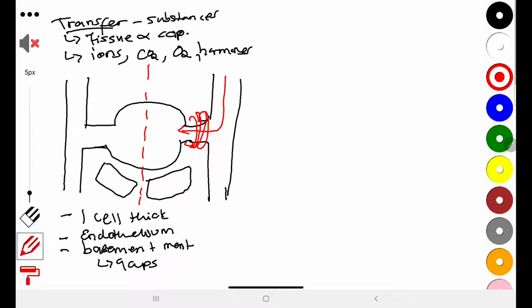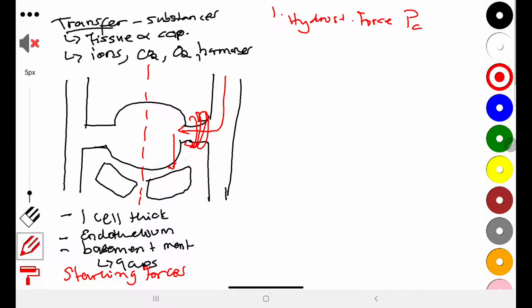Having said that, we want to just go back to where we were coming from. So the first force that you're going to see, we'll be calling them Starling forces. The first force that you're going to see that will push out fluid from the capillary is one that is known as hydrostatic. Okay, so the first one is the hydrostatic force, and this one I'm going to call PC.